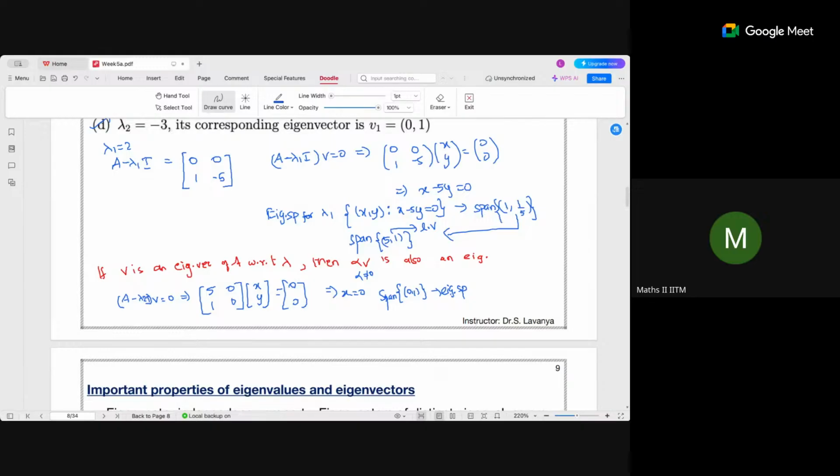So what is happening? The vector v is simply getting extended along the same line. It is not moving anywhere else. Also, where is this vector v with respect to T? See, v belongs to the null space of A minus lambda I. But when you are looking at v with respect to only A, where does this v belong?